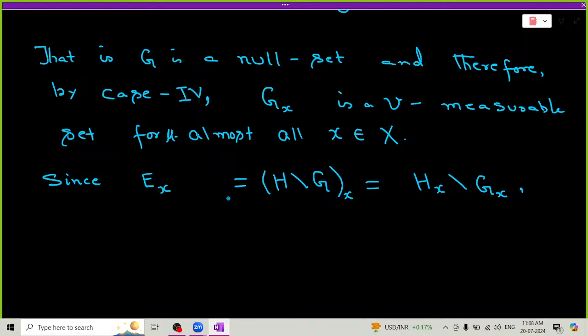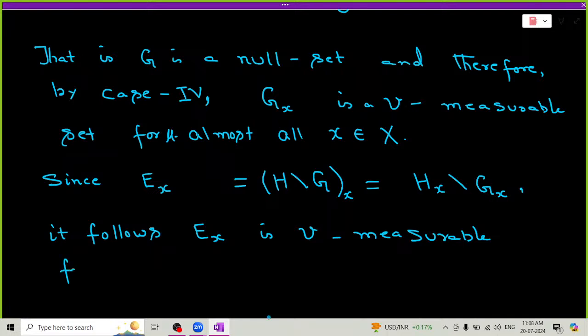And from this we can conclude that e sub x, the x section of e, is new measurable. I would like to know the reason from you.